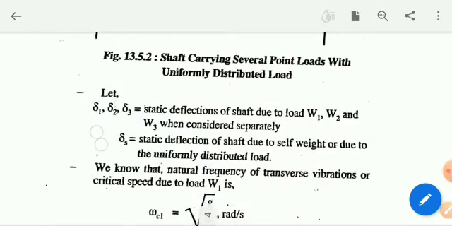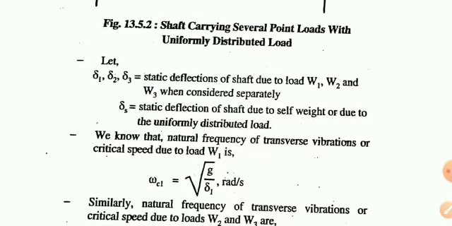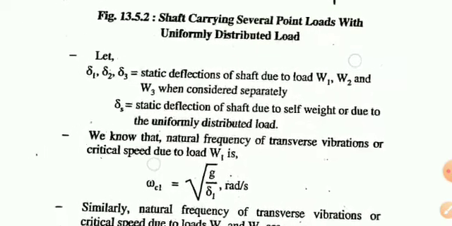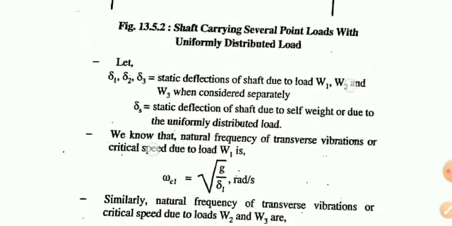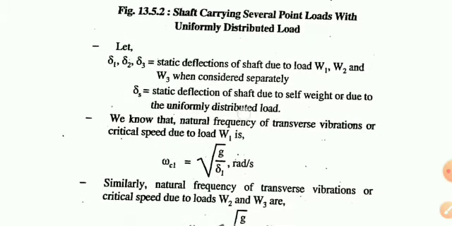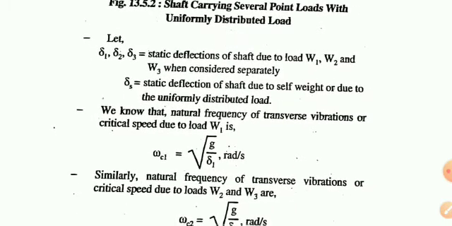Let delta 1, delta 2, delta 3 be the static deflections of the shaft due to loads W1, W2 and W3 when considered separately. Delta S is the static deflection of the shaft due to self weight, or due to a uniformly distributed load.